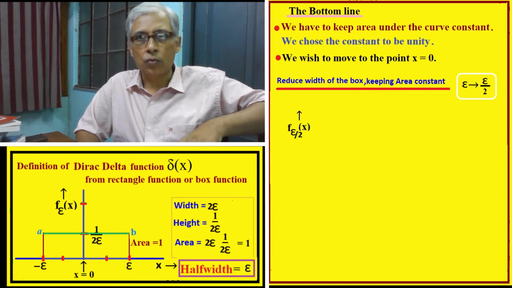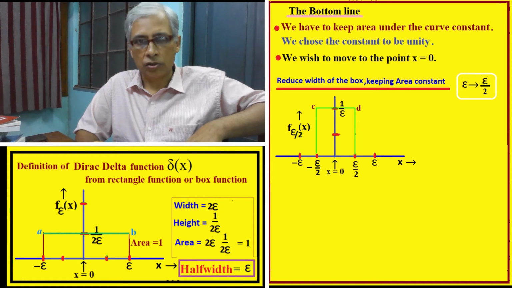And so now we have to write f of x subscript epsilon by 2 for the new plot. This means the curve, that is the straight line representing f of x, is now stretched by an amount of epsilon by 2 on either side of the x equal to 0 position.